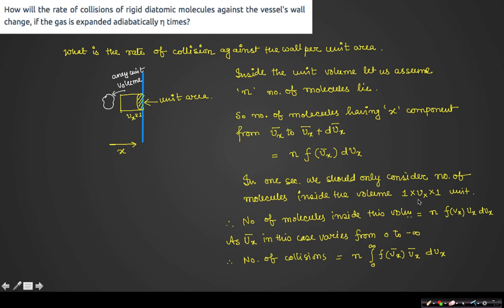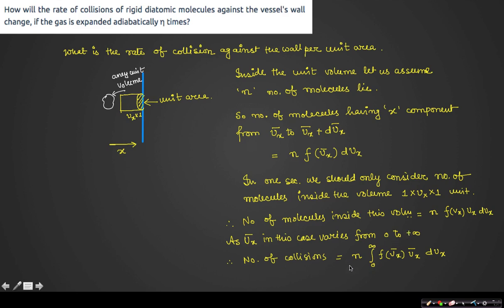So inside this Vx unit volume, whatever may be the number of gas molecules traveling along the positive x-axis with a velocity Vx to Vx plus dVx, are going to collide with this particular wall, right? So Vx in this case varies from 0 to plus infinity only.